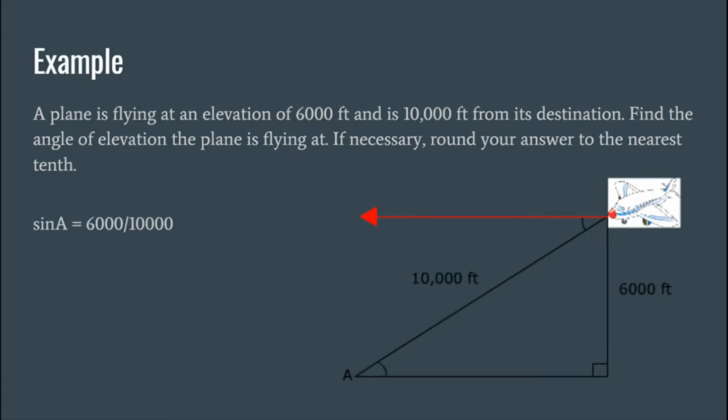Okay, so it's different from the previous example because this one doesn't have the adjacent side labeled, so we can only use a particular trig function. But we do it the same way. Inverse sine in this case, and I'm going to reduce that fraction too. Then type this in the calculator, and you should get roughly 36.9 degrees.